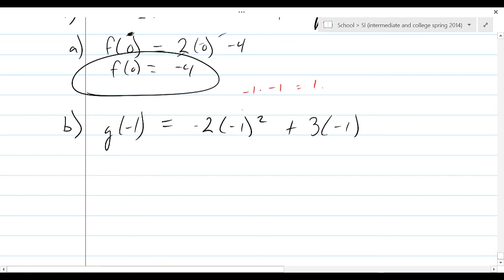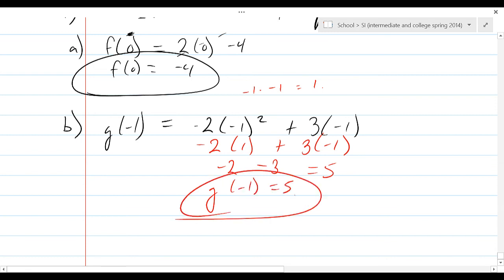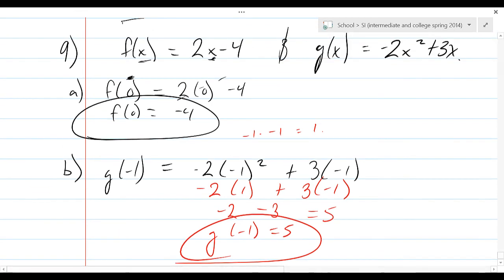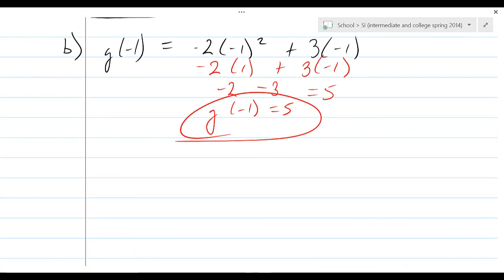So I've got -2 times 1 plus 3 times -1. 3 times -1. Alright. So we've got -2 minus 3, or -5. So the g of -1 equals -5. It's important you leave your answer in that notation, because it shows you understand what function notation is doing.